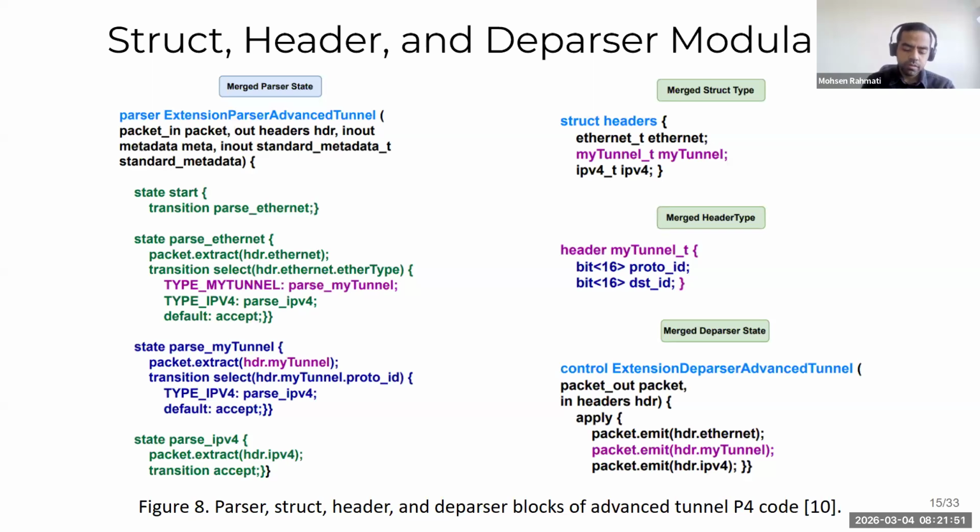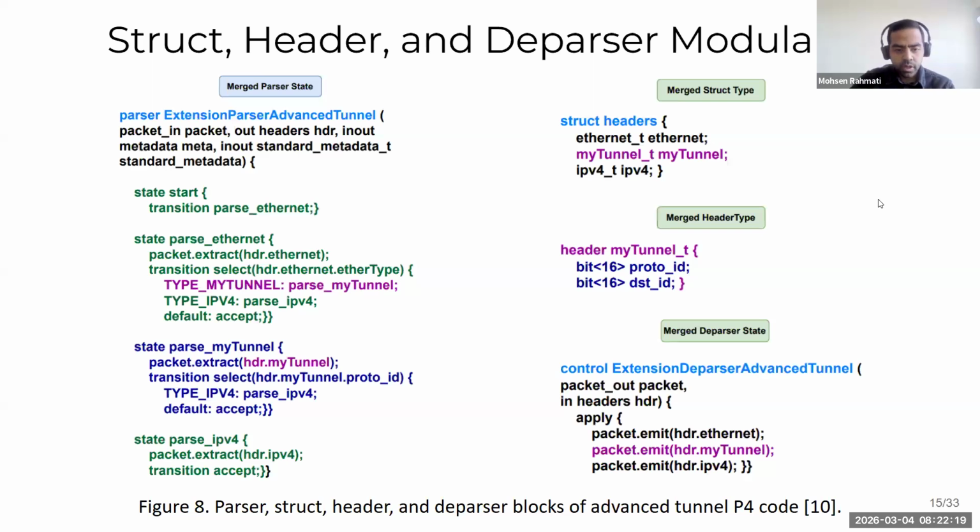And also we use the information we receive from comparing the two parsers, I mean the two finite state machines of the parser, in merging the struct, header, and parser parts. For example, on the left you can see the merged parser states.